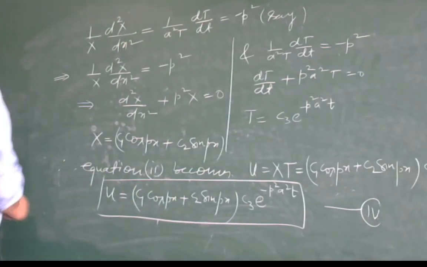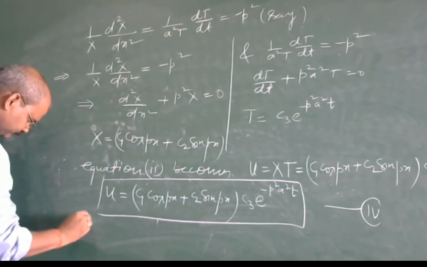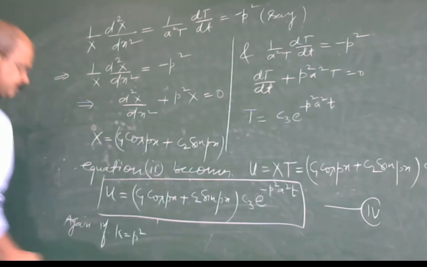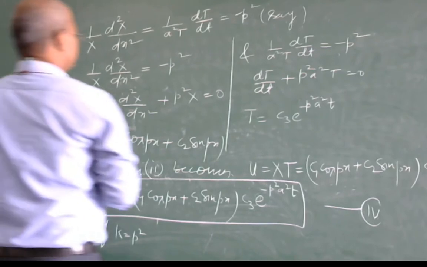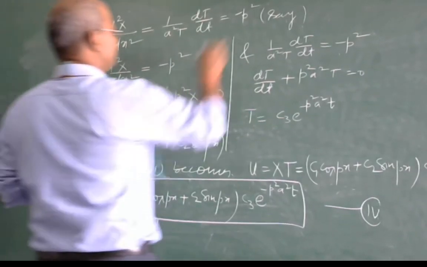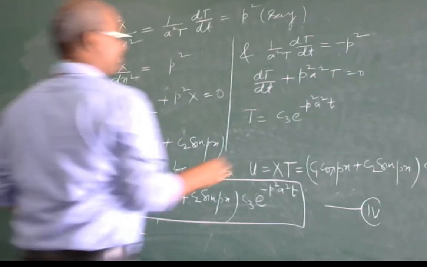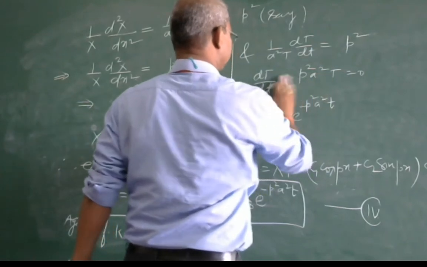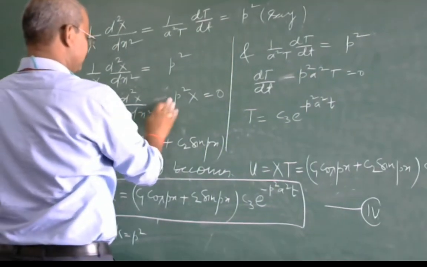Again, if k is equal to p square, this becomes p square, now this becomes p square, this becomes p square, so this is minus, this should be minus and this should be minus.